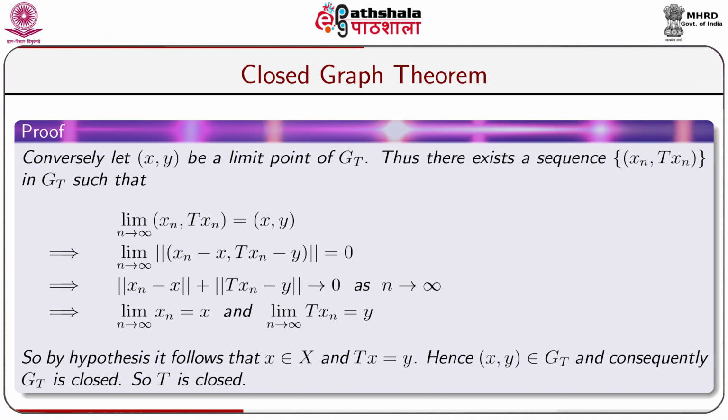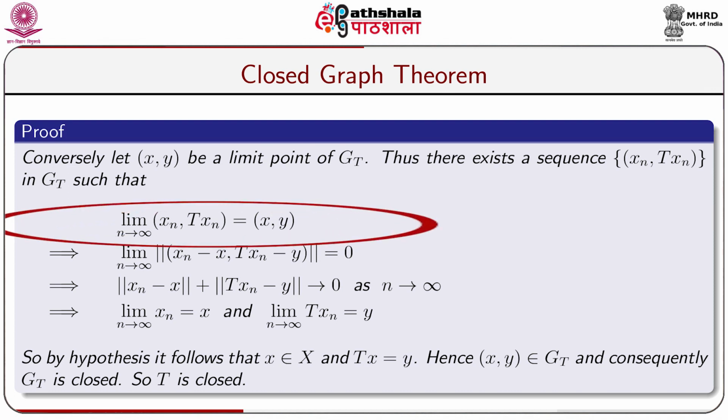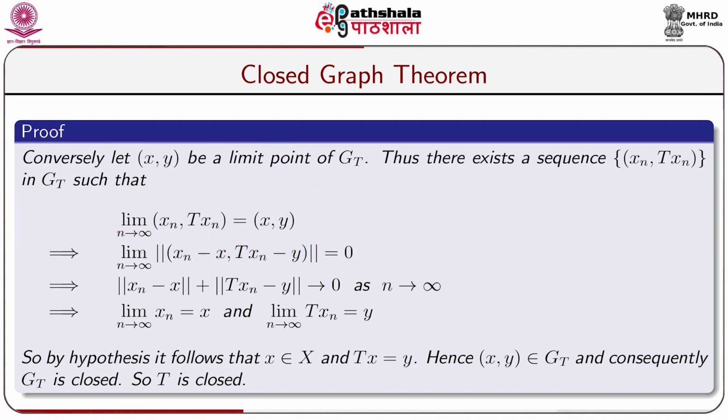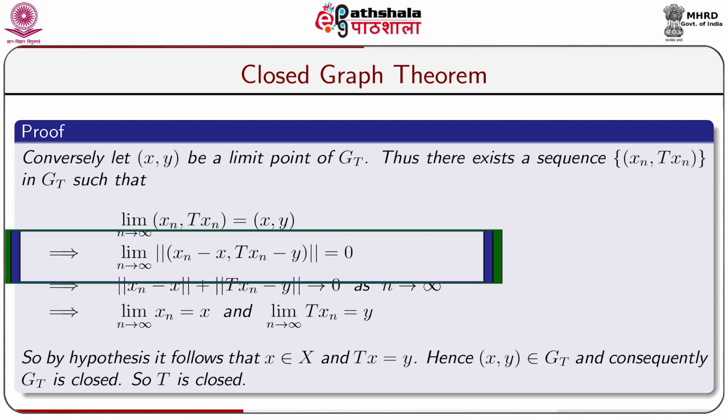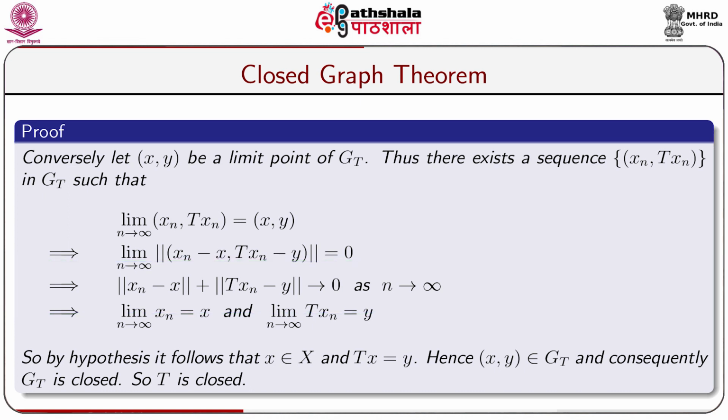Thus, there exists a sequence (x_n, Tx_n) in G_T such that the limit as n tends to infinity of (x_n, Tx_n) is equal to (x, y), which implies that the limit of the norm of (x_n minus x, Tx_n minus y) is equal to 0, which again implies that the norm of x_n minus x plus the norm of Tx_n minus y goes to 0 as n tends to infinity, which implies that the limit of x_n is equal to x and the limit of Tx_n is equal to y.